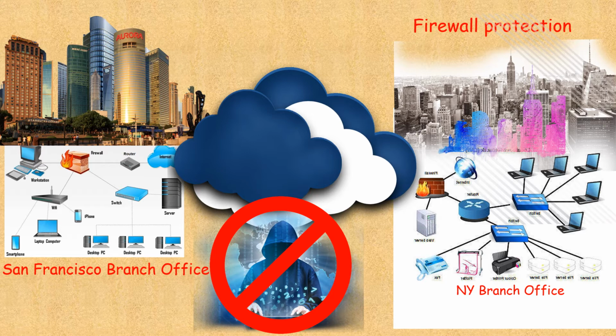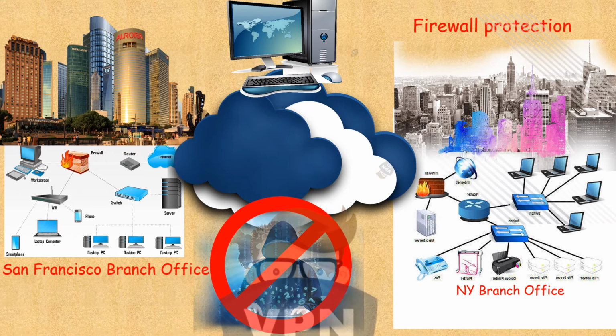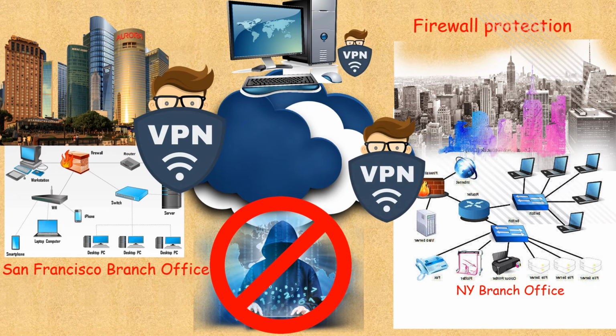Moreover, a firewall also has another feature which may grant access for a PC to log in from outside these two networks using special authentication software or a special technology called VPN, Virtual Private Network, which means that the person is sitting outside these two networks, physically connecting from an outside location over the internet, but virtually considered as if his PC is one of the inside PCs of the New York network or San Francisco network.